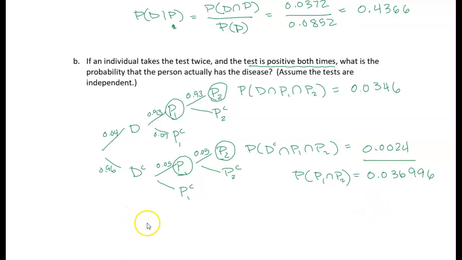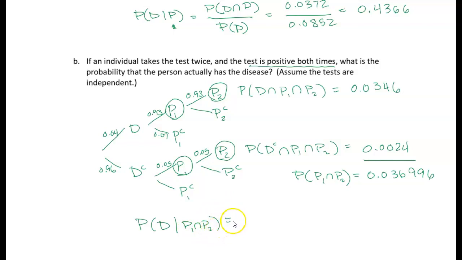What I want to know is the probability that I have the disease given that I test positive twice. I'm going to indicate that by P1, positive 1, and positive 2: positive on the first test and positive on the second test.